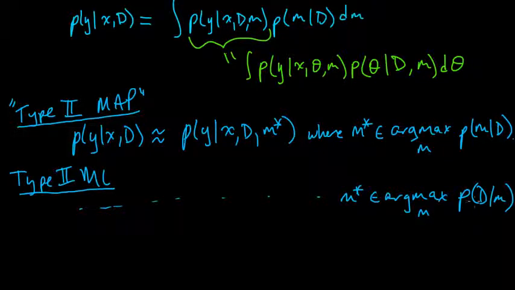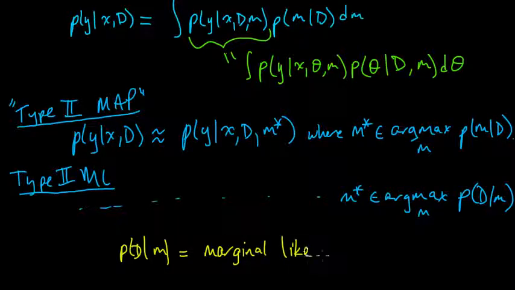And this here, by analogy with the likelihood function, the probability of the data given the model is called the marginal likelihood. The marginal likelihood. And so this is sort of maximum likelihood, but it's type 2 because you're a level above the parameters.